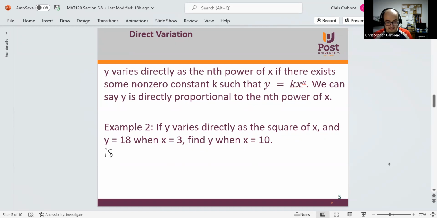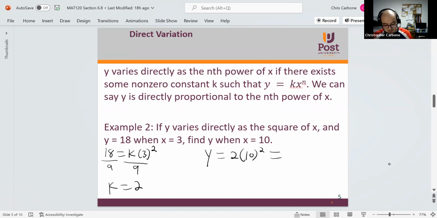So this will be 18 is equal to k times 3 squared, or 9. And when we divide both sides by that 9, we get a k value of exactly 2. So to find the value for y, we do y is equal to 2 times 10 squared. So 2 times 100, or just 200.